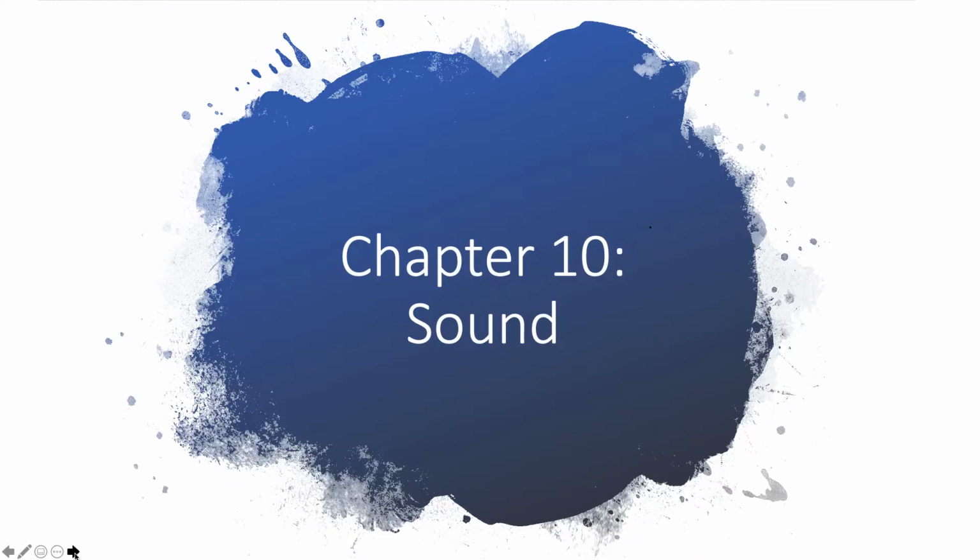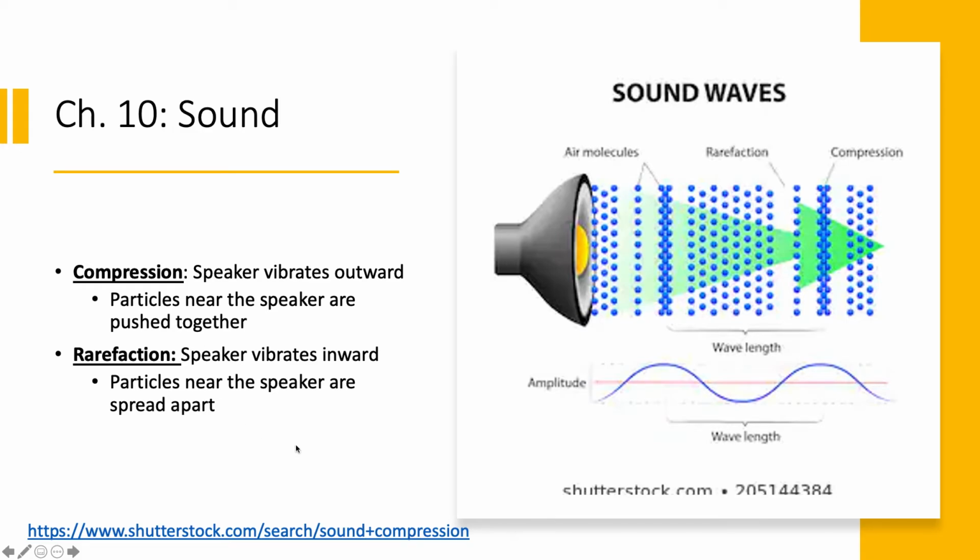Moving on to sound. Okay, so when we talk about sound, probably one of the first things you think about is sound in the music that you listen to. And if you have speakers, you can kind of visualize this. When you have compression, you basically have the speaker vibrating outward. So if you look over here and say this is my little speaker, you have compression when the speaker is vibrating outward, so that the particles near the speaker are actually being pushed together.